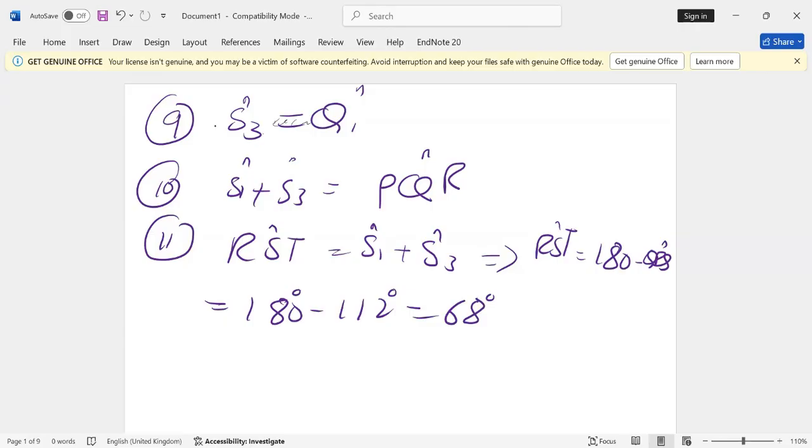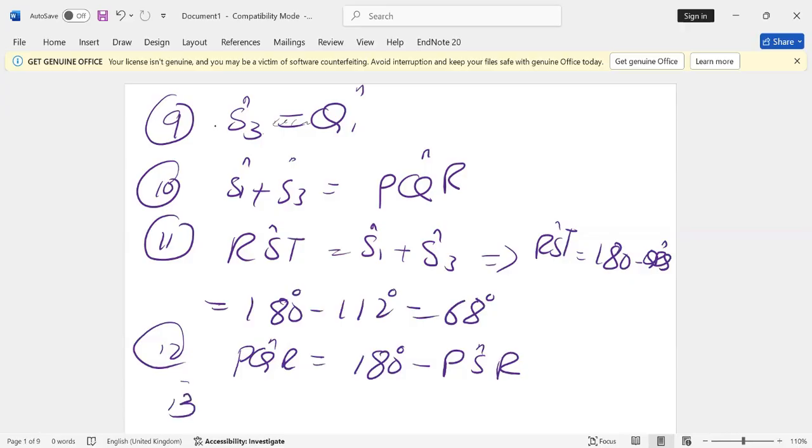Alright, the twelfth point, we have written it: PQR equals 180 degrees minus PSR. The thirteenth point we have is Q1 equals 44 degrees. Okay. So this is what we have to find out in this question.